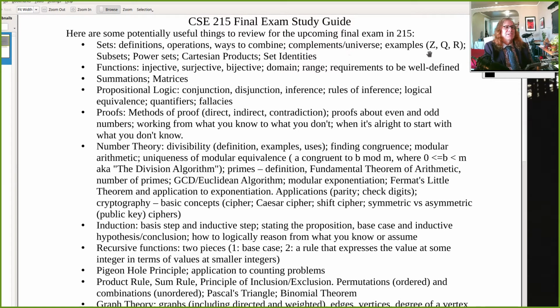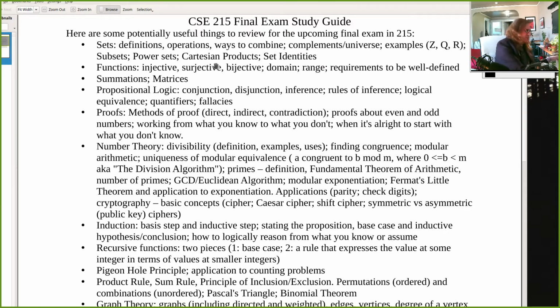Complements, universal set. Examples of sets. So Z is the integers, Q are the rational numbers or fractions, R are the real numbers, C are the complex numbers. We don't usually deal with those. Subsets, power sets. So a power set is a collection of all subsets. So the power set is itself a set, and each element in the power set is a set.